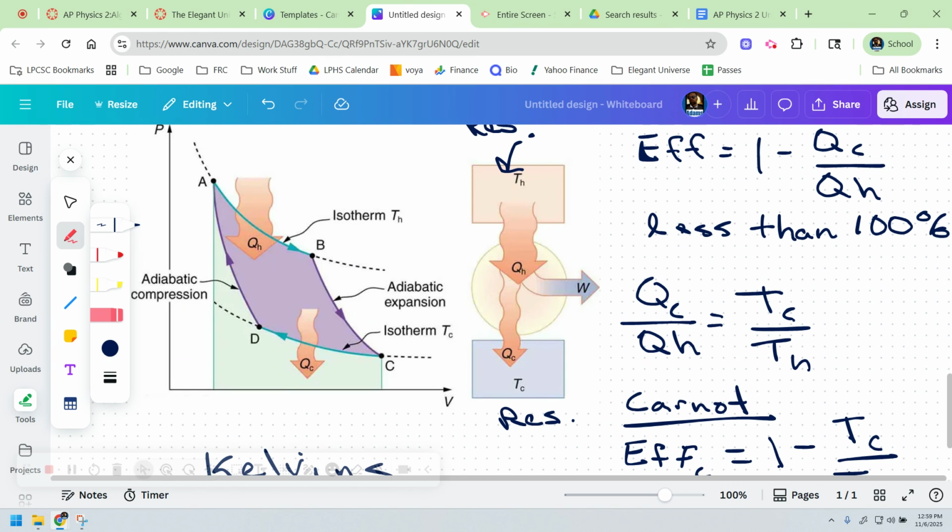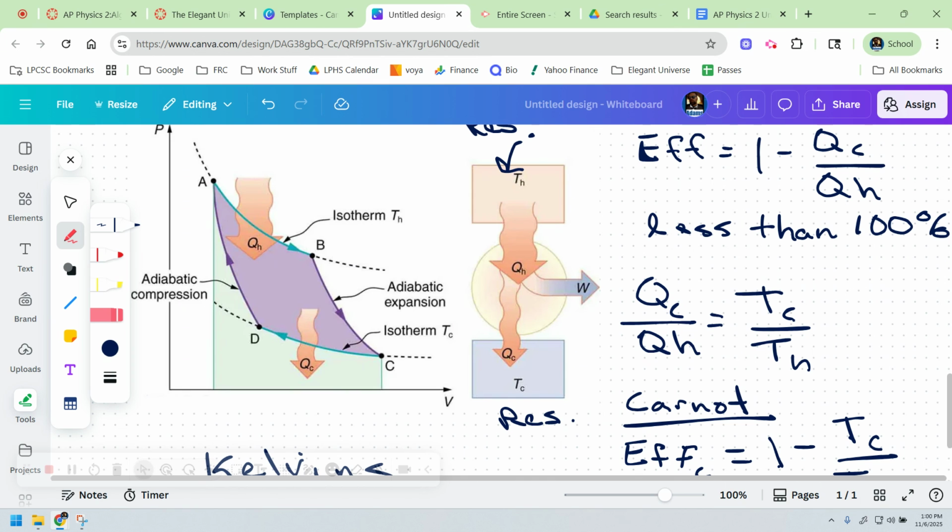The net work output, W, equals the area inside A, B, C, D, A. Also shown in this chart of a Carnot engine operating between hot and cold reservoirs at temperatures TH and TC. So any heat engine using reversible processes operating between these two temperatures has the same maximum efficiency as the Carnot engine.